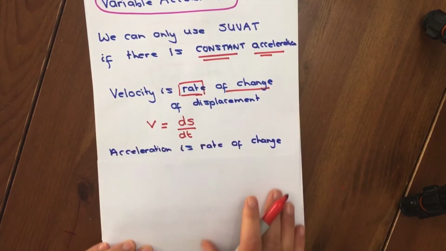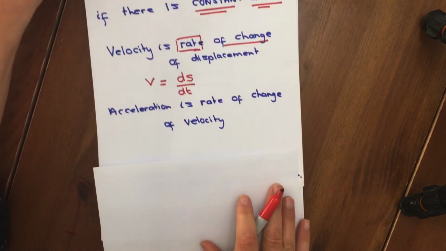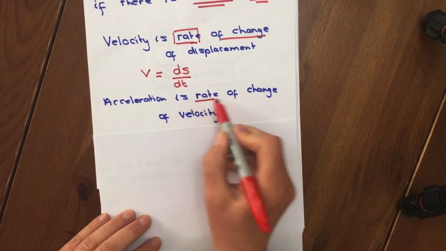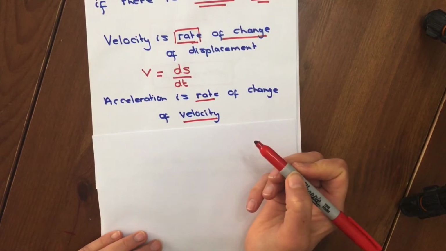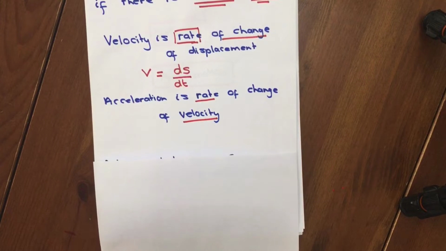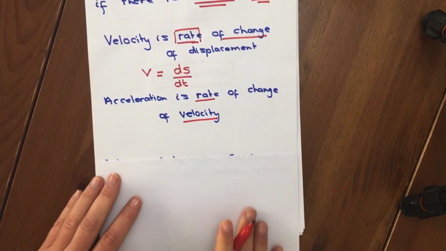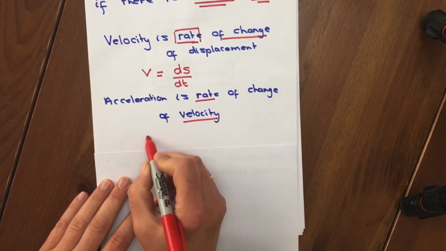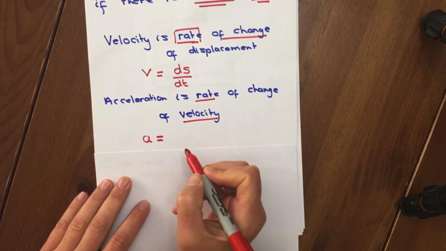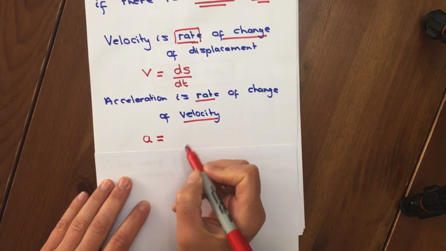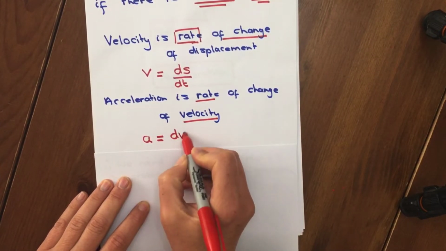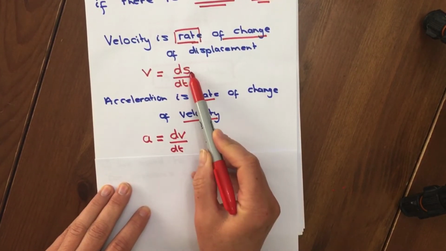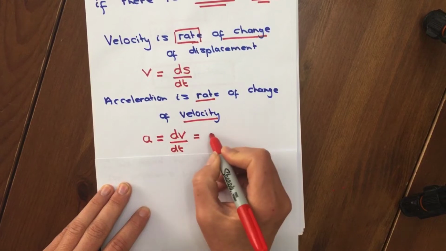Also we'll have questions where we need to find acceleration. And acceleration is the rate of change of velocity. We could write it like this, rate of change of velocity. We also know that velocity is the rate of change of displacement.